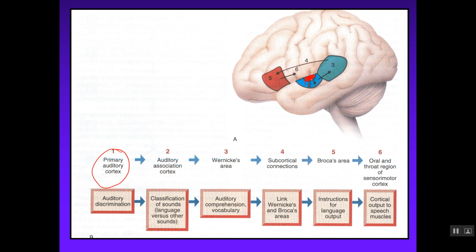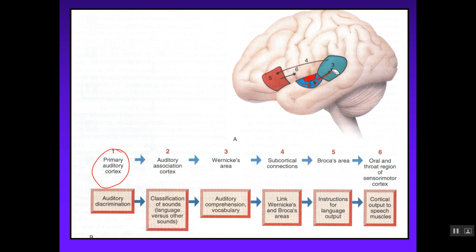That then goes to the secondary auditory cortex, which classifies that sound you just heard and says, oh, that's somebody speaking to me. That's a spoken word. That's speech. I need to make sense of that speech. So that sends it via the arcuate fasciculus. These are white matter fibers that allow you to send signals between these different regions.